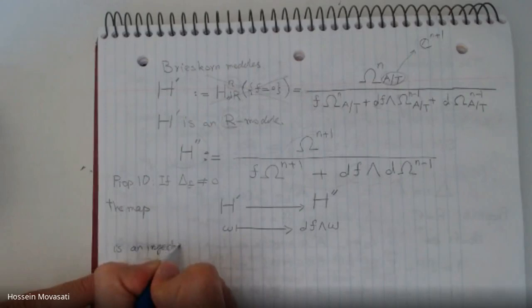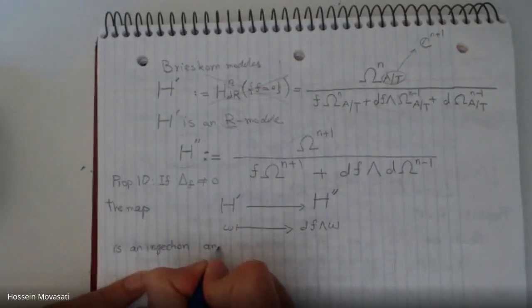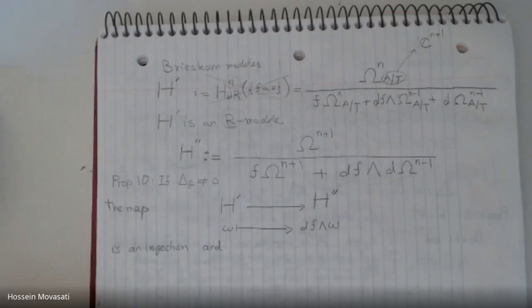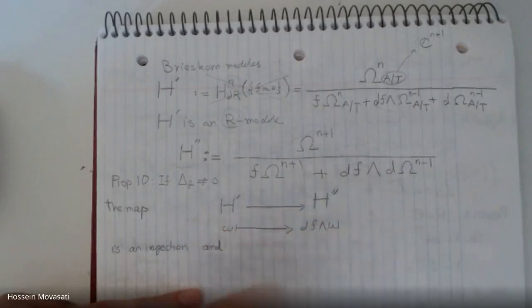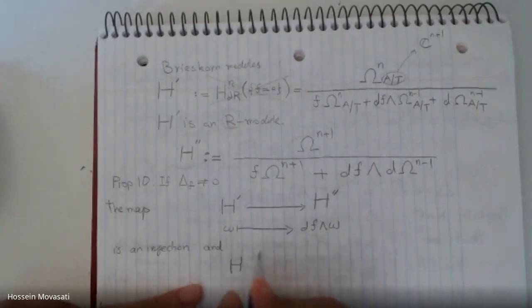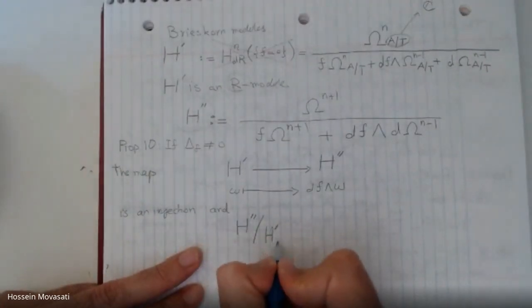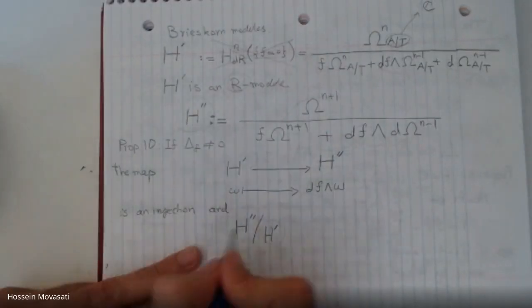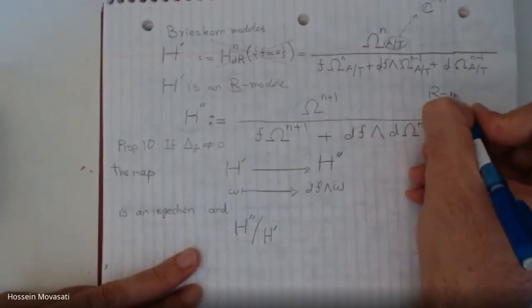Actually this means that this will be an inclusion. So under this inclusion, I will consider H prime as a submodule of this guy. By the way, all these things are at the end modules.